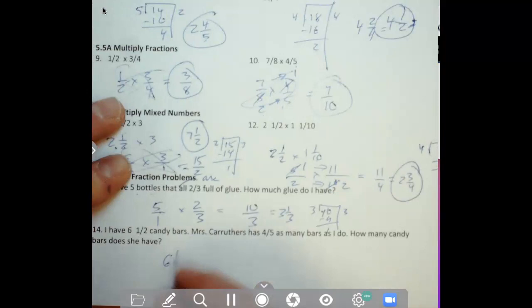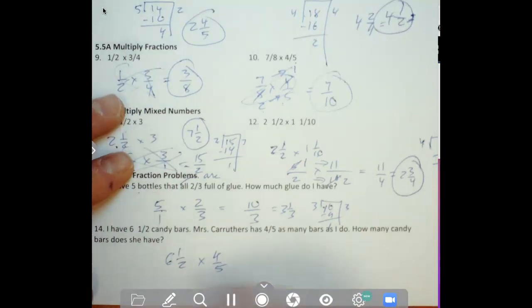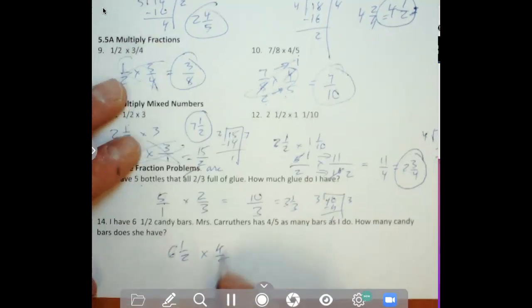And finally, I have 6 1/2 candy bars. Mrs. Crothers has 4/5 of what I have. How many candy bars does she have? So she doesn't have as many as me. If she did, it would be times 1, but this is times 4/5. It's close to 1. As a matter of fact, my estimate is even 1. But anyway, let's just run this through. 6 1/2, so this would be 6 times 2 plus 1. This is 13 halves.